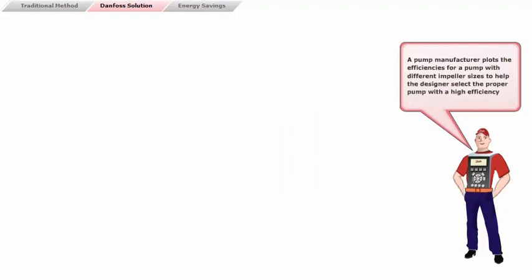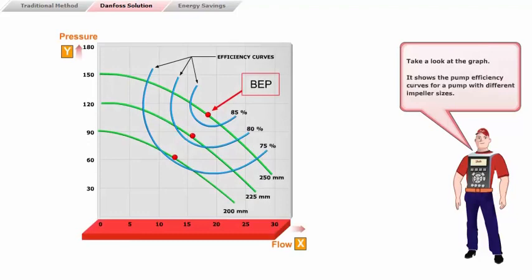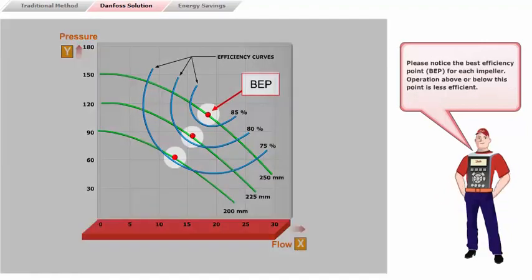A pump manufacturer plots the efficiencies for a pump with different impeller sizes to help the designer select the proper pump with a high efficiency. Take a look at the graph. It shows the pump efficiency curves for a pump with different impeller sizes. Please notice the best efficiency point for each impeller. Operation above or below this point is less efficient.